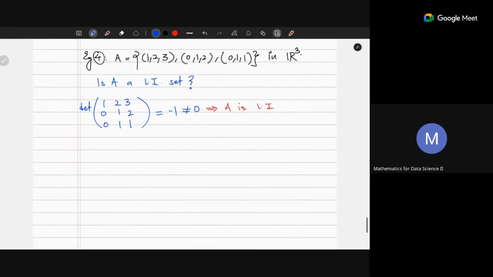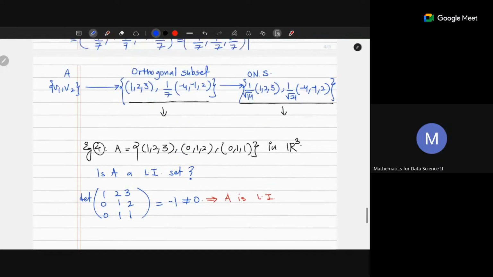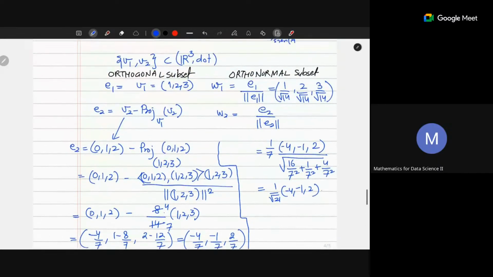So for that, what do we need to do? So notice here, in order to make vector v2 orthogonal to v1, what we did, we removed the projection of v2 in the direction of v1, right?